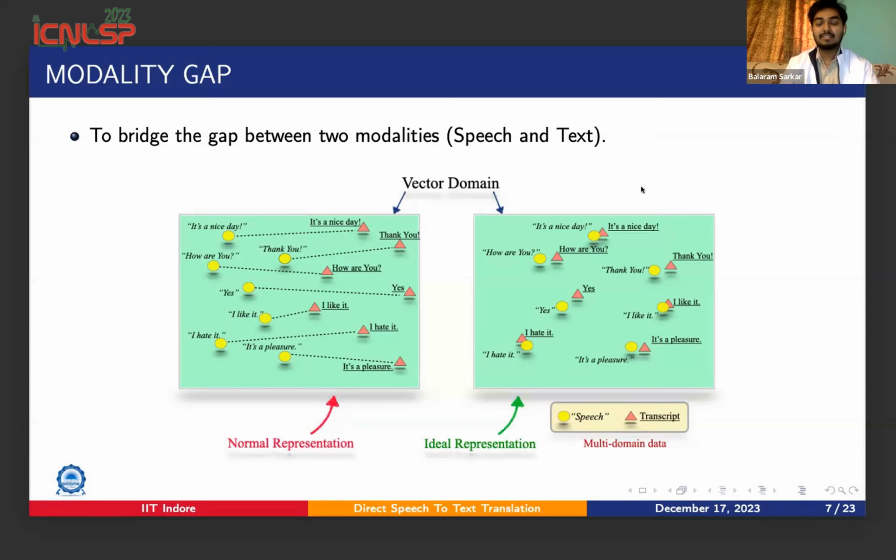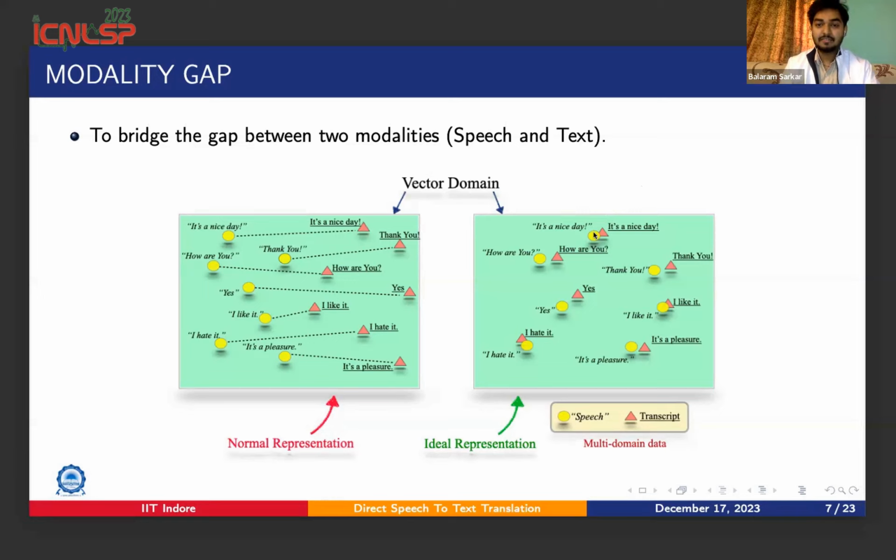Hence the distance. The speech-to-text, or rather the translation system as a whole, would perform better if these two different embeddings, or these two different features of speech and text, were aligned together. They have to be aligned, but it has to be taken into consideration that the positive pairs, which means that the speech and the text have the same meaning, have to be mapped closer to each other.